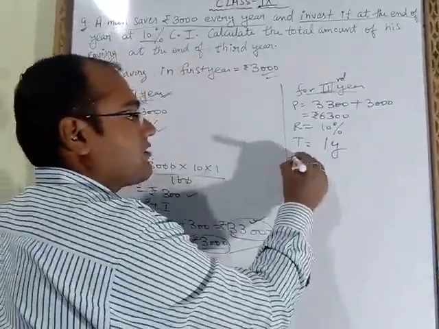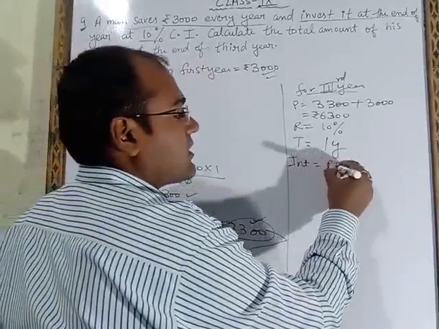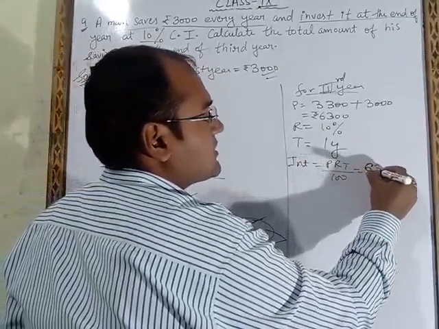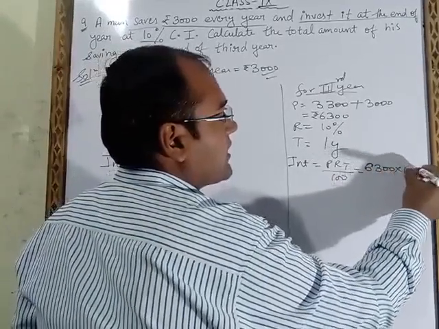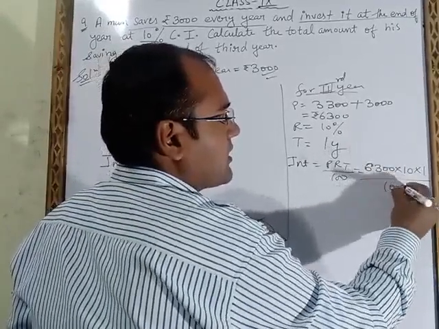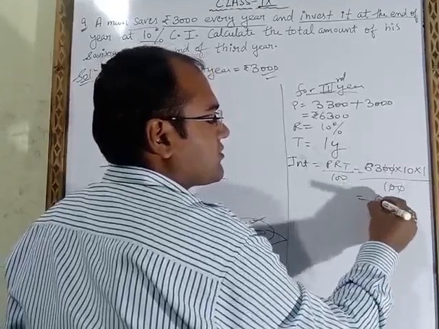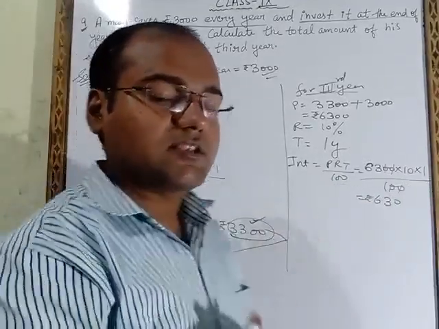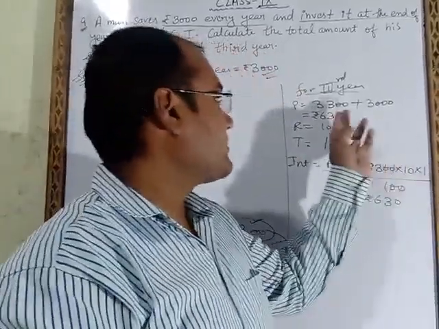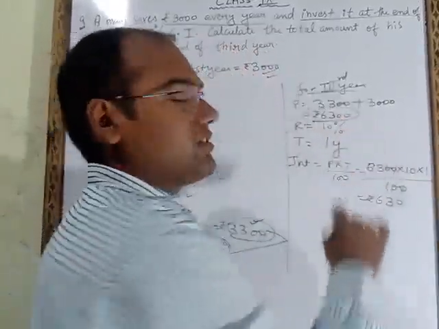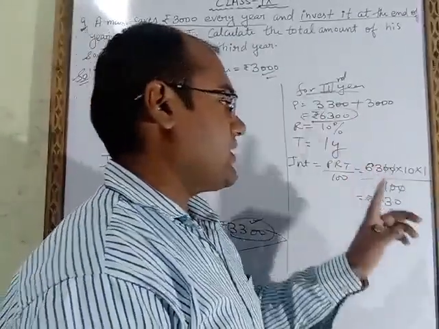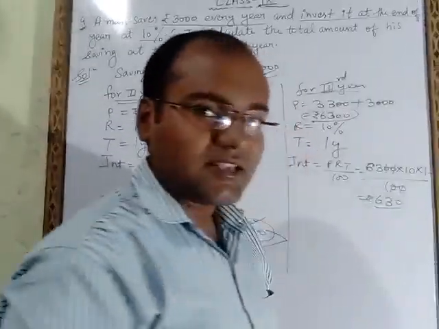So now we will calculate interest. Interest is equal to PRT upon 100. Principal is 6300, R 10, time 1 upon 100. These two 0s will get cancelled, so the answer is 630. So this much interest he has earned from his investment. This much money he has invested, and on this investment he got 630 rupees as interest.